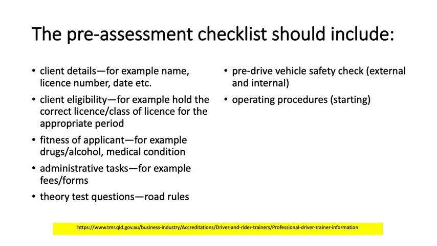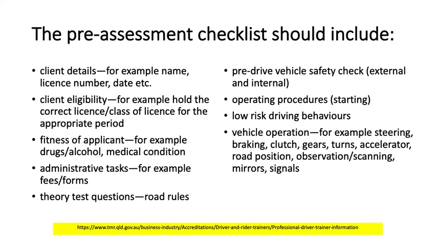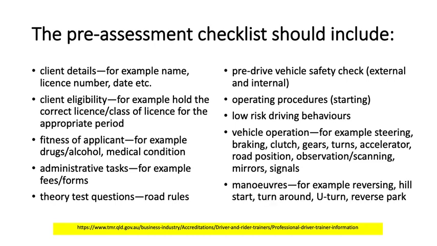Operating procedures, such as starting. Low-risk driving behaviours. Vehicle operation, for example, steering, braking, clutch, gears, turns, accelerator, road position, observation, scanning, mirrors, and signals. Maneuvers, for example, reversing, hill start, turn around, U-turn, and reverse park. And finally, vehicle shutdown procedures.